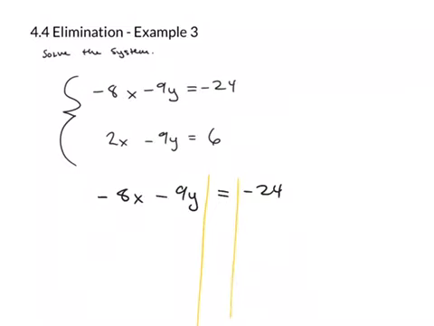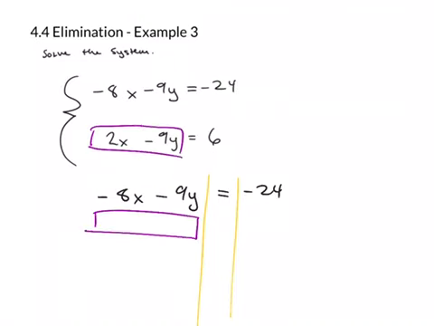The general strategy is to take one of the equations and add or subtract its left-hand side to the left-hand side of the top equation, and its right-hand side to the right-hand side of the top equation. In this case, I'm thinking, how do I eliminate one of these variables to create a single variable equation?